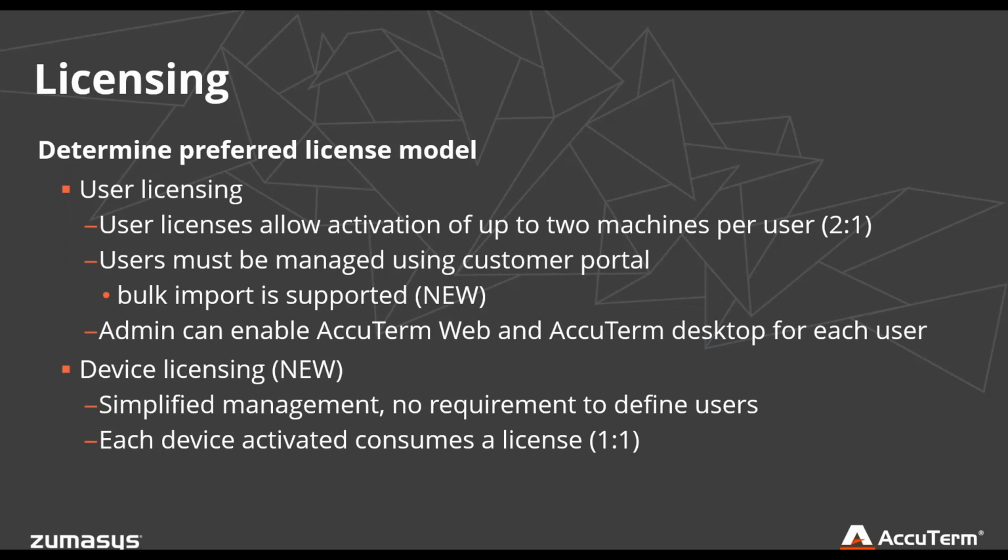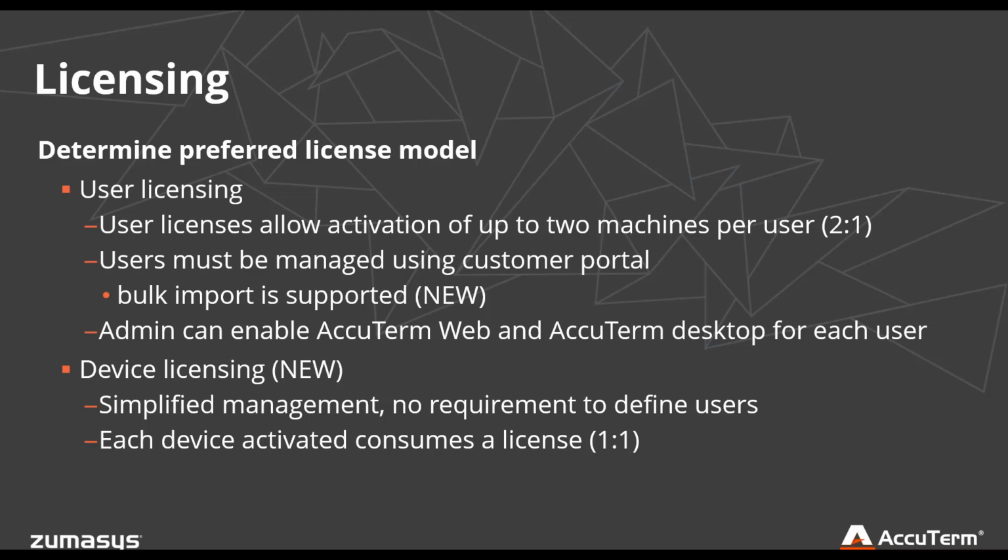So, licensing. There are two licensing models for AccuTerm Desktop, and you need to decide that when you either submit your upgrade order or order a new license for AccuTerm. The user licensing is kind of like the Office 365 style. It's a 2-for-1 license.